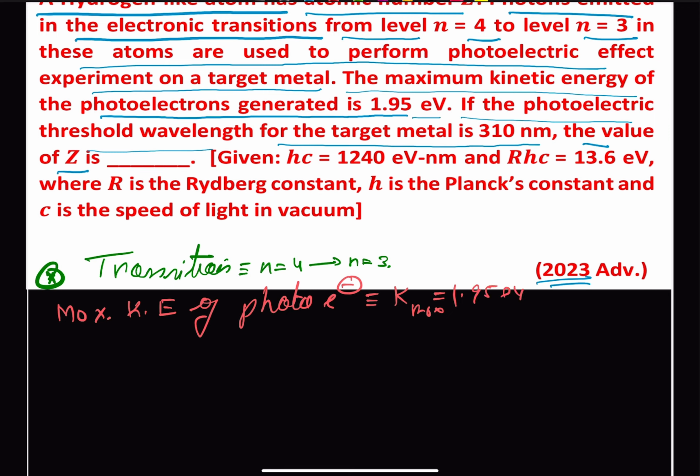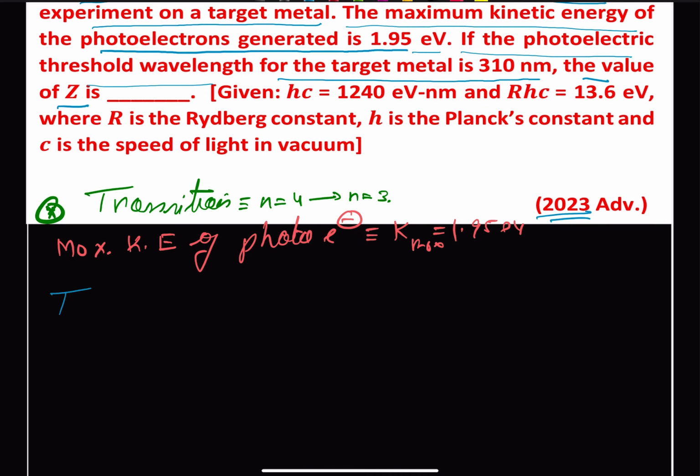And we are also given the threshold wavelength, that is lambda naught, given as 310 nanometer, and various constant values are also given.